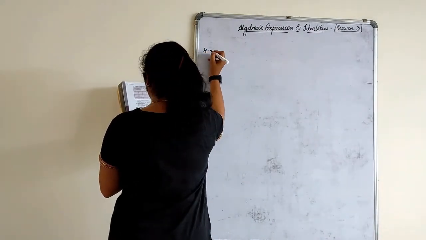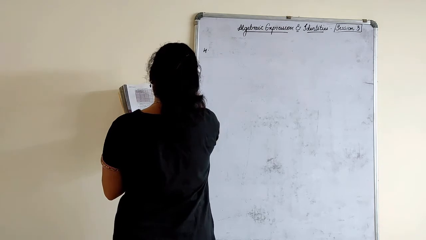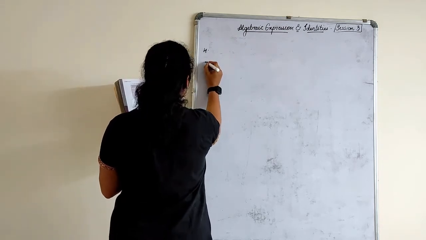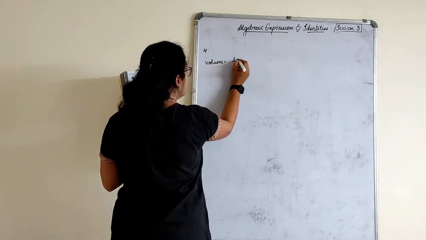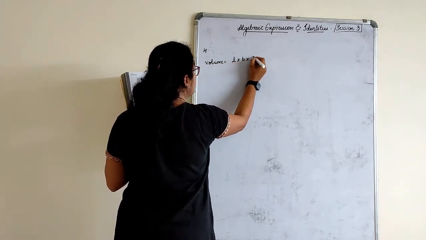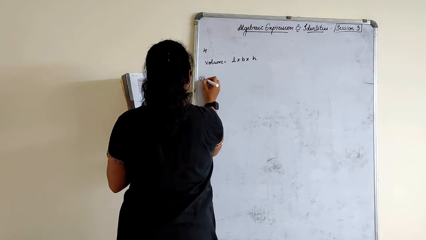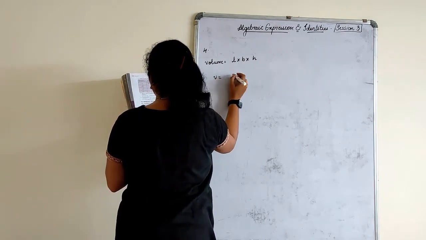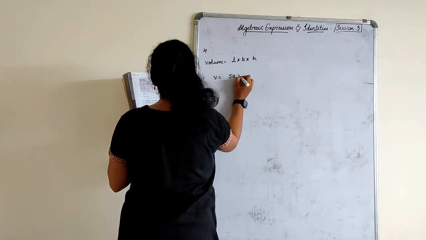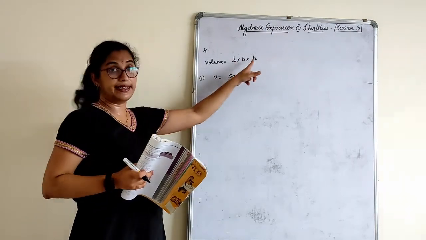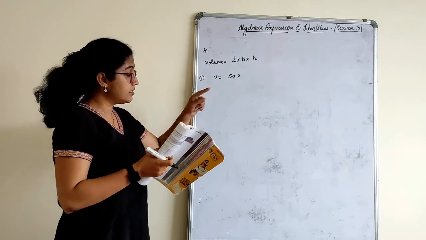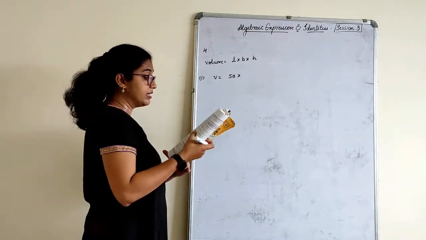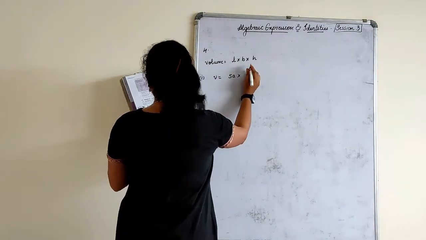Fourth one, find the volume of the rectangular boxes. Now, volume is given by length into breadth into height. So first one, volume is equal to 5a into 3a square into 7a raised to 4. After writing the formula, you will write the question.